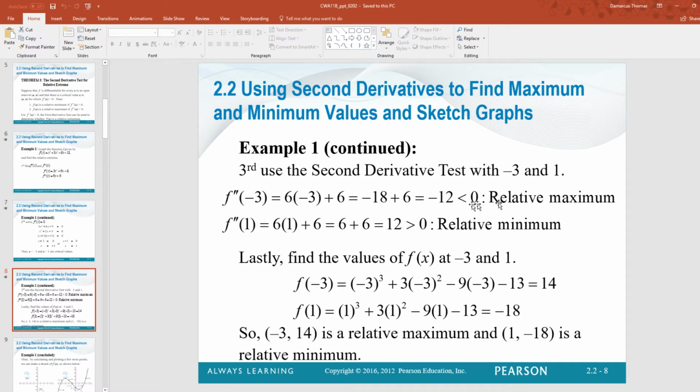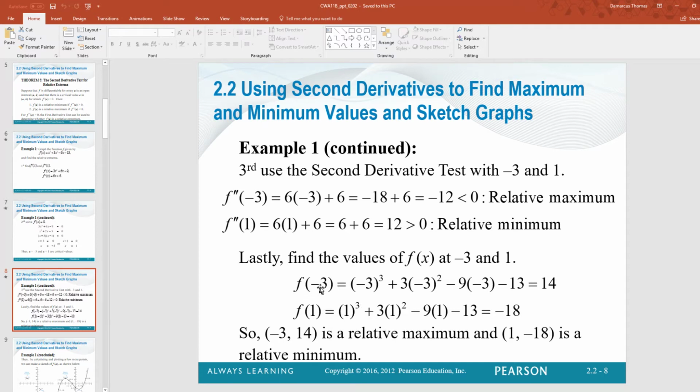If it equals 0, then you go back to the first derivative. But if it's positive or negative, then we can state clearly that there's a relative max or relative min because we plugged it into the second derivative, and by the second derivative test we can now deduce that there is a relative max or relative min. Now to find the actual point, you plug negative 3 back into the original function to get the y coordinate.